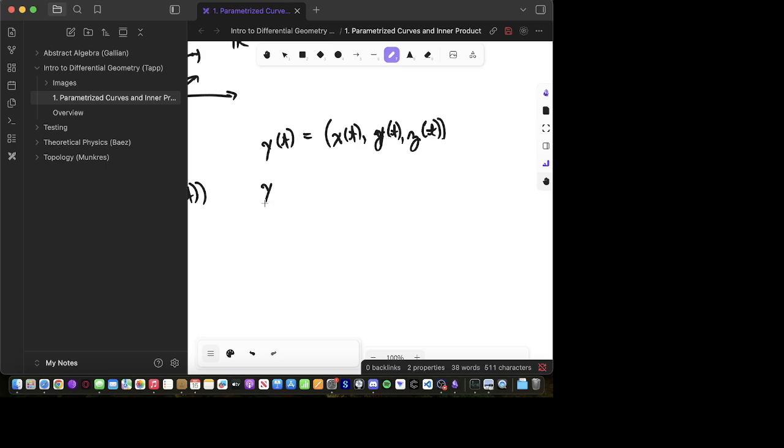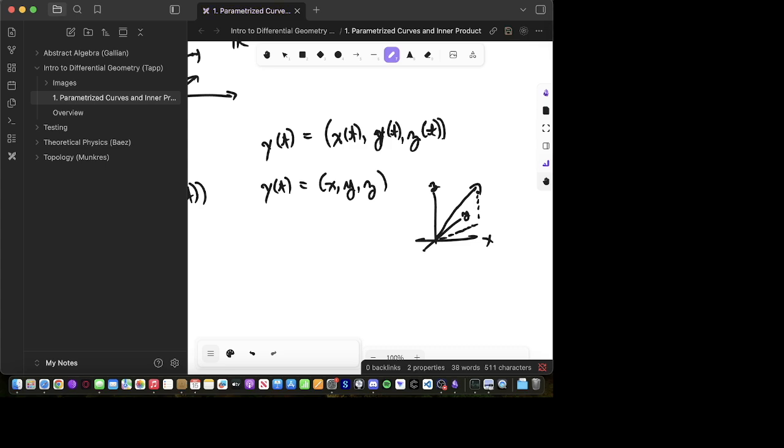For example, this is a very simple parameterized curve, but this would basically be the curve that looks like this, where this is the x-axis, this is the y-axis, and this is the z-axis.